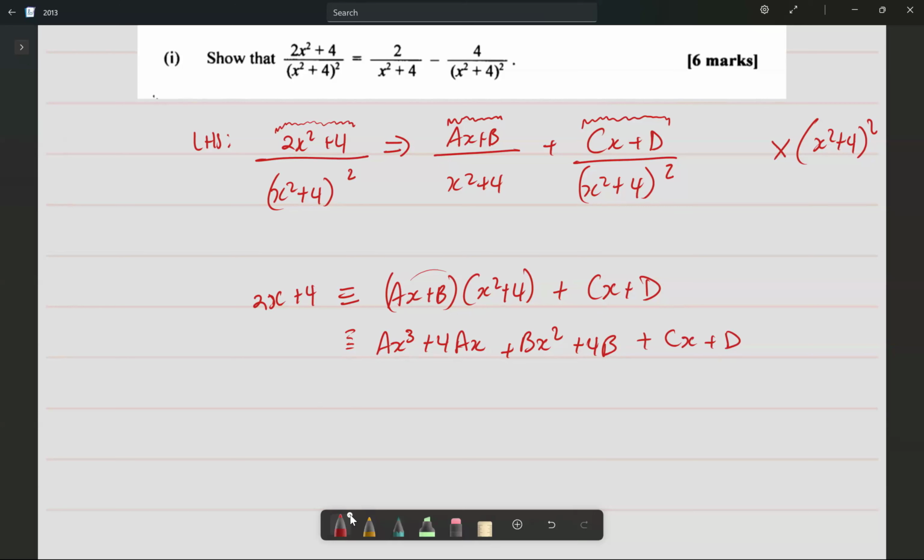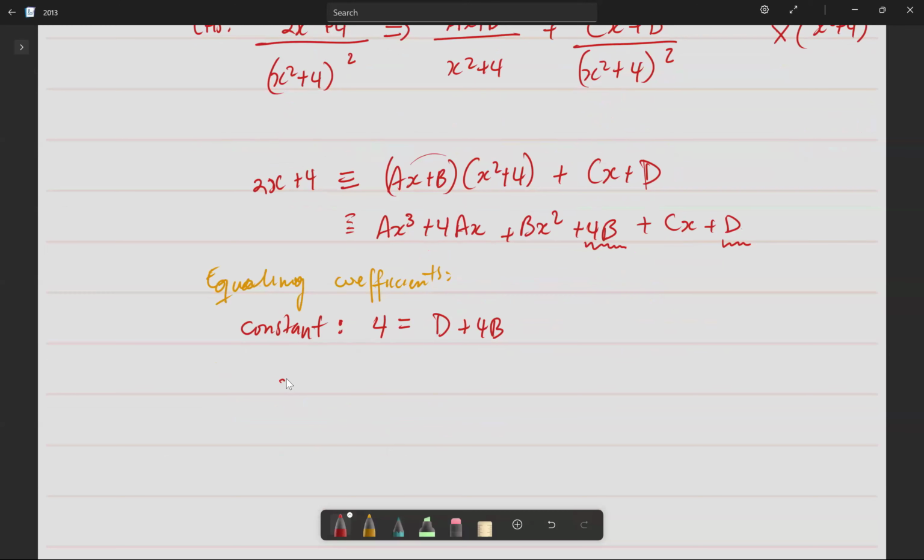Now that we have two things, left-hand side and right-hand side, we need to equate the coefficients. For the constant, on the left-hand side that's equal to 4, and on the right-hand side that's d plus 4b.